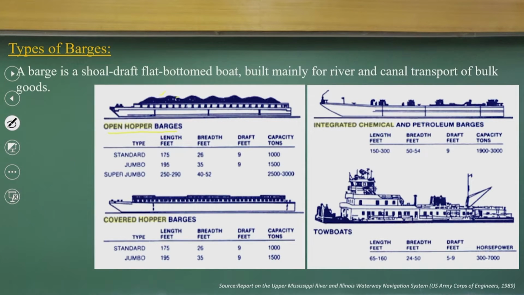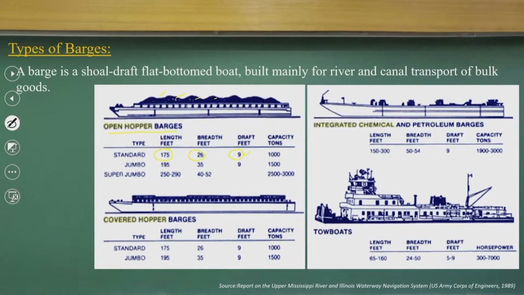This type of barge is good for carrying open loads, that means an open deck, it can carry minerals and coal. The length is 175 feet and the breadth is 26 feet. The draft, the depth of water required to have shipping through this river, is 9 feet. Okay. So, 9 feet depth.